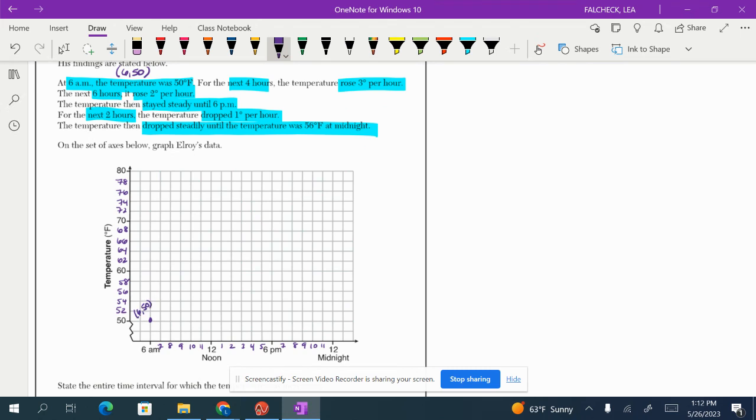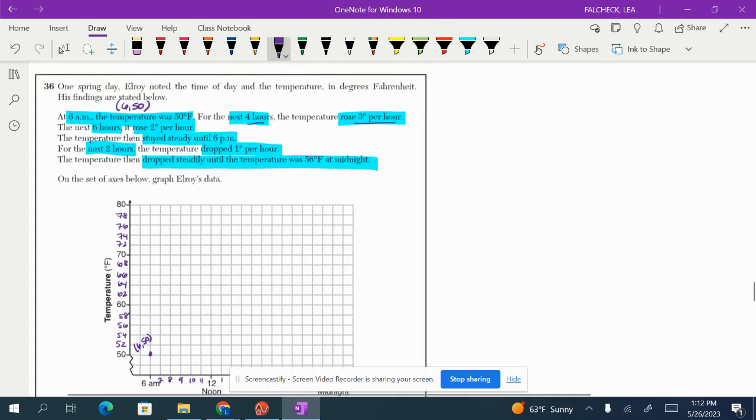Then for the next 4 hours, the temperature rose 3 degrees per hour. So for 4 hours, it rose 3 degrees per hour. That means we had a total temperature change of 12 degrees. So if it rose from 50 degrees up 12 degrees, it's going to end up at 62 degrees.